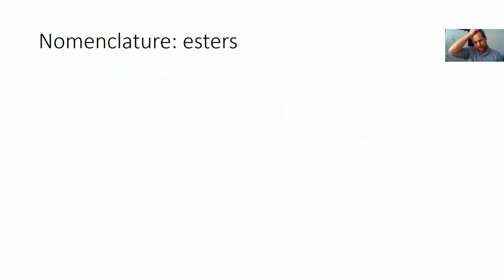Now the next thing on the list is esters. I'll do that up here. Esters have R, C double bond O, your carbonyl bonded to an O, bonded to some other hydrocarbon. On this one, the naming comes from the type of chemical reaction that leads to the formation of an ester.